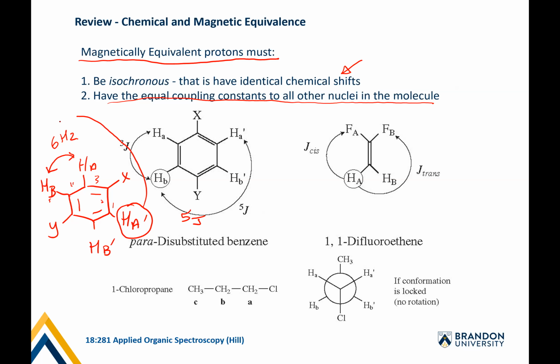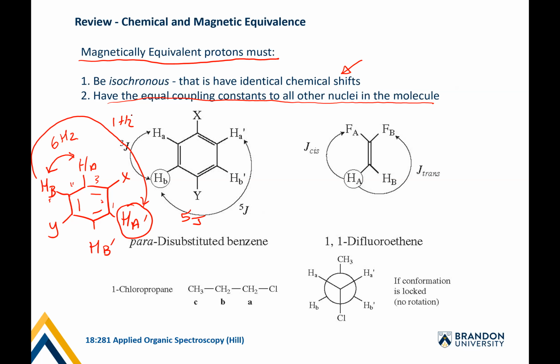And its coupling constant is probably going to be 1, if that, or less than a Hertz. And so because HA has a different coupling constant to HB than HA primed, they're not magnetically equivalent. So they might be chemically equivalent, but they're not magnetically equivalent.